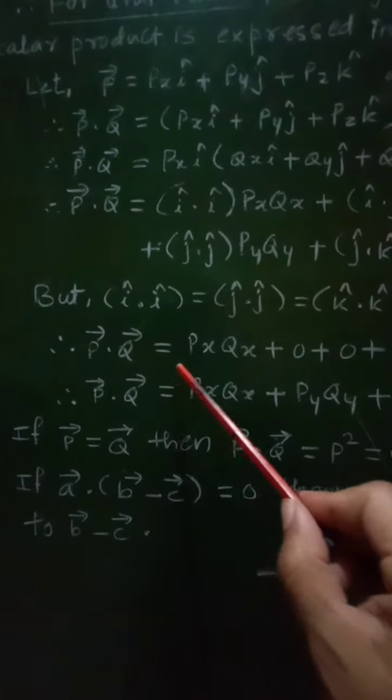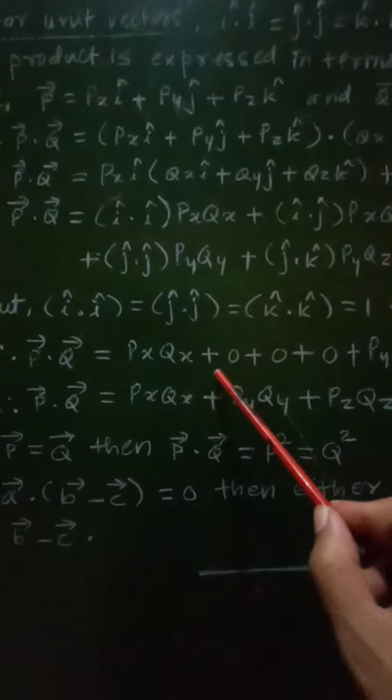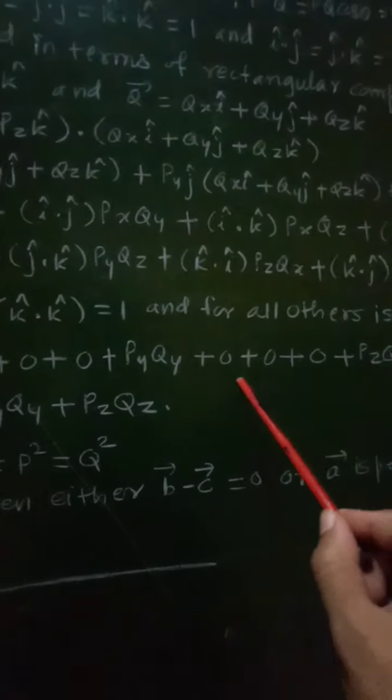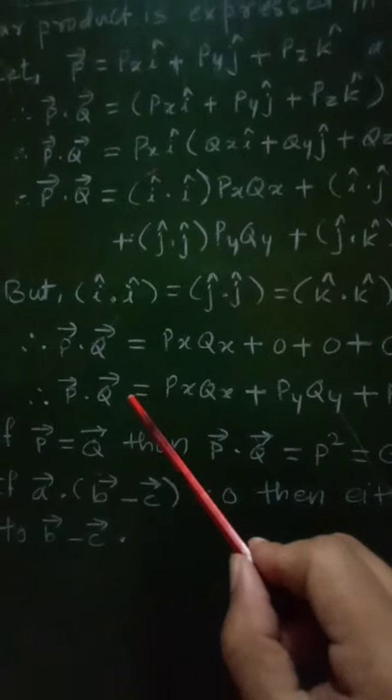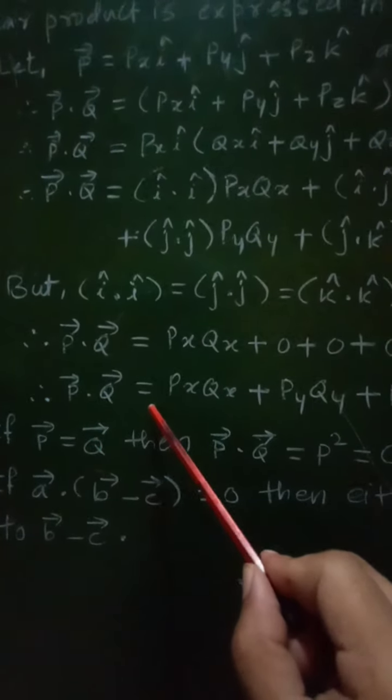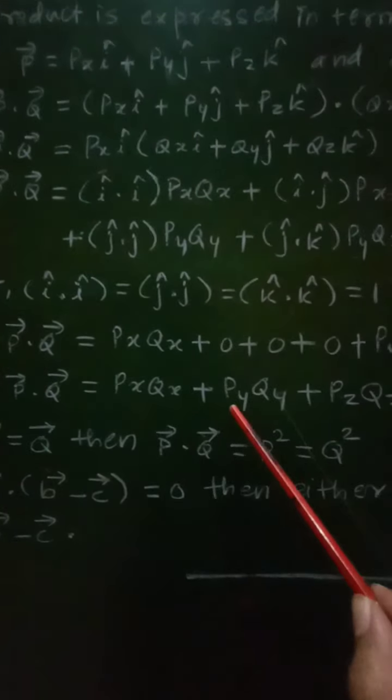Therefore we can write vector p dot vector q equal to px qx plus 0 plus 0 plus 0 plus py qy plus 0 plus 0 plus 0 plus pz qz. So only for these three terms there will be a finite product, and therefore vector p dot vector q equal to px qx plus py qy plus pz qz.